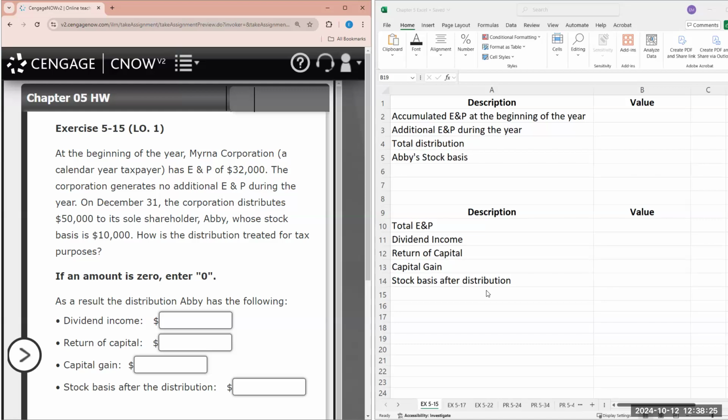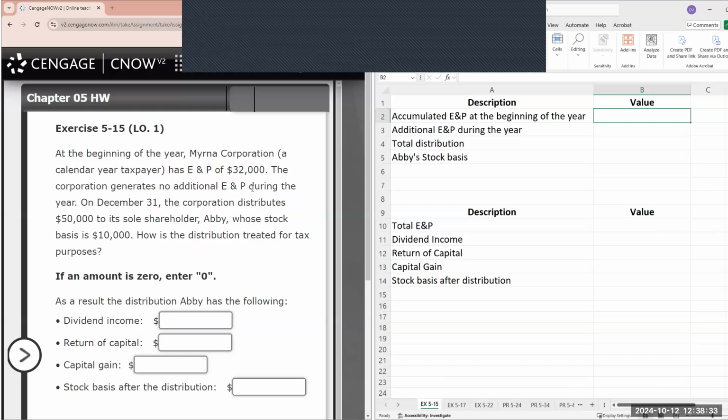All right, so in this example, the accumulated E&P at the beginning of the year is as follows. Based on this problem, we have accumulated E&P of 32,000 at the beginning of the year. And it says the corporation generates no additional E&P during the year, so 0.